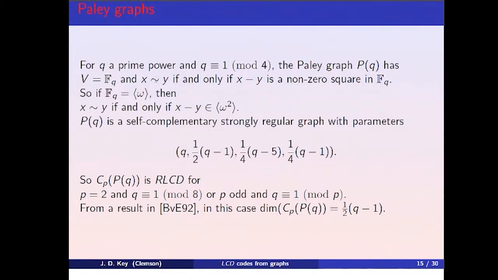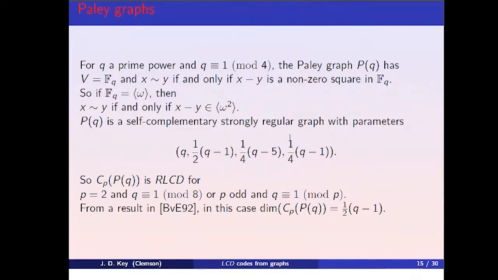X and Y are adjacent if X minus Y is a non-zero square in FQ. So if omega is a primitive element, then X is adjacent to Y if and only if X minus Y is in the group generated by omega squared. These have been around for ages, and as I said, they give the quadratic residue codes. They're self-complementary, that means they're isomorphic to their complement, and strongly regular, and these are the parameters.